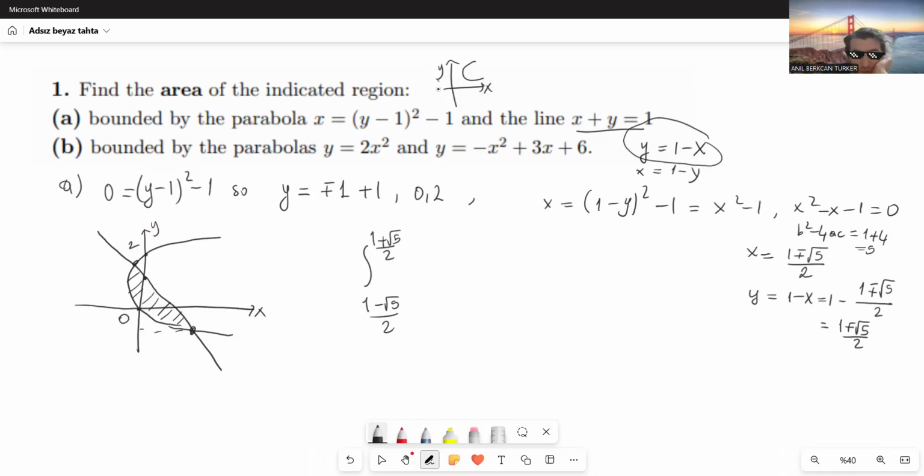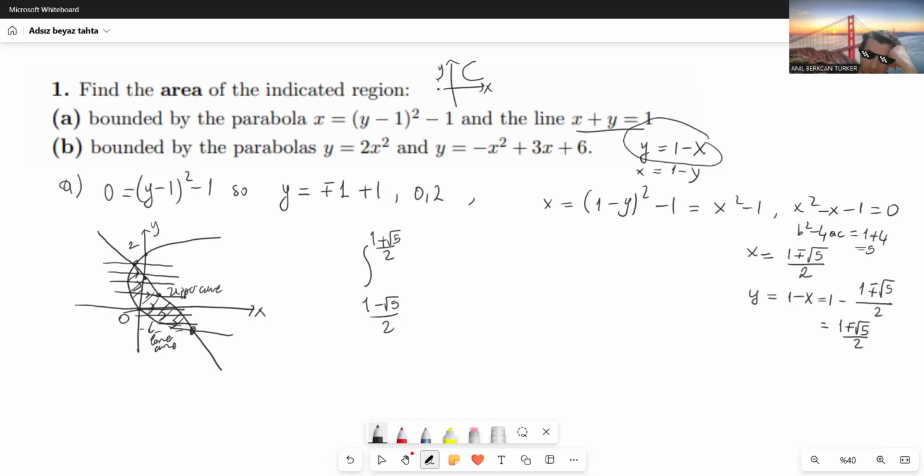With respect to x, which curve is the upper one? This curve is the upper one, right? Upper curve, lower curve. And this region is simple, because perpendicular to the y-axis, I always go from the left one to the right one, right? So this is a simple region. Sometimes we draw arrows.